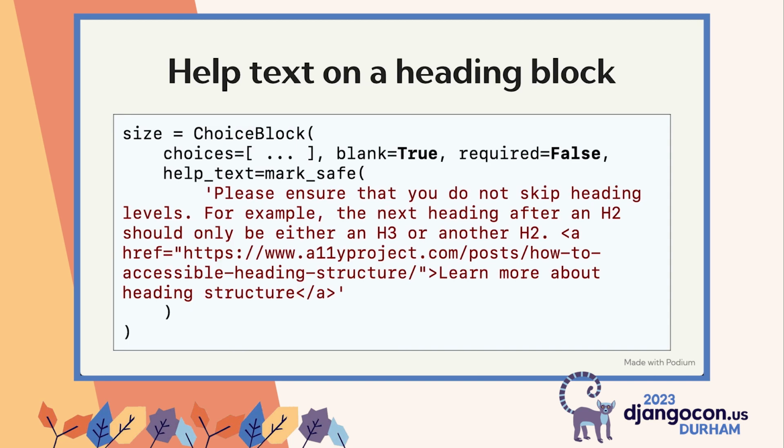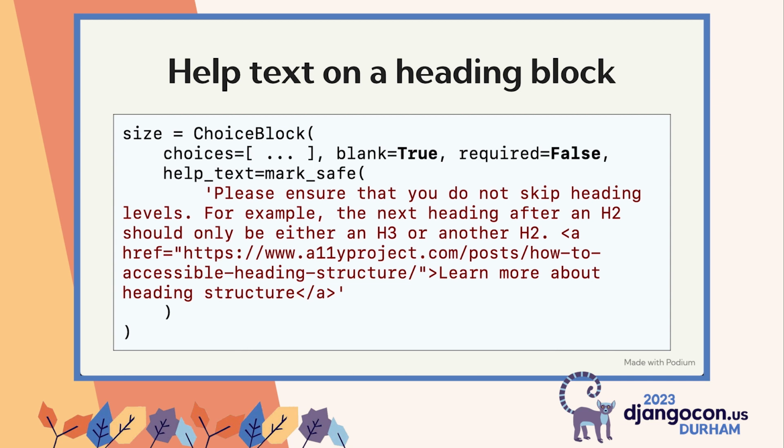Looking back at the heading block, here is an example of the kind of help text that I would add to its size field, its size subblock. Note that you can use Django's mark_safe utility to be able to include HTML in your help text, which is useful for linking to more detailed guidance. So I've said, please ensure that you do not skip heading levels.